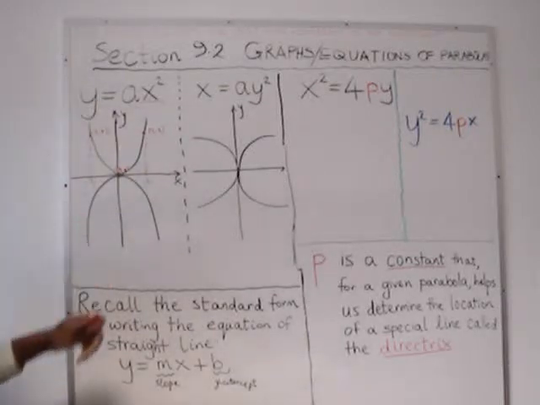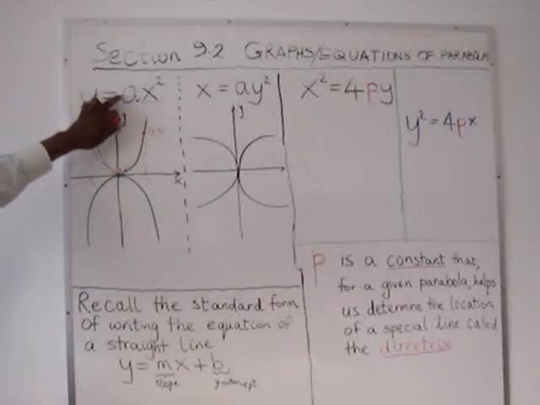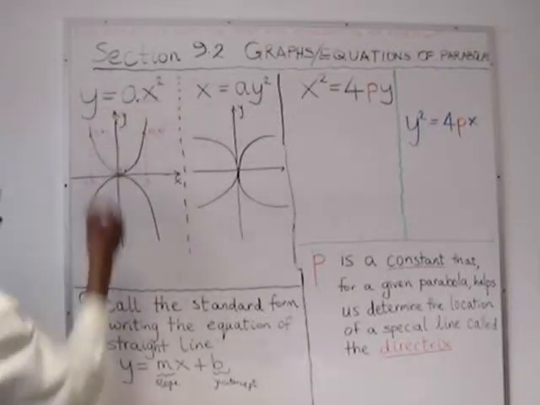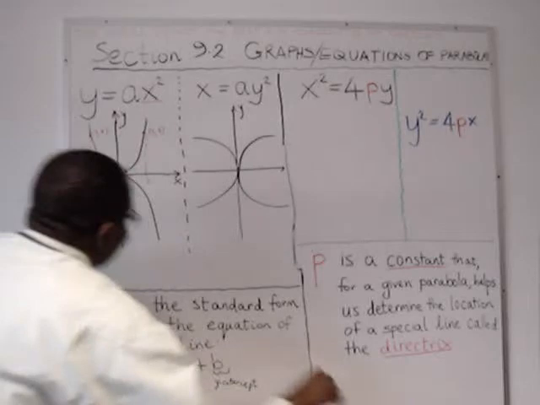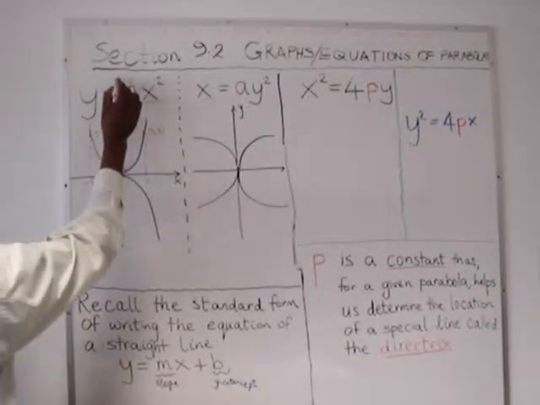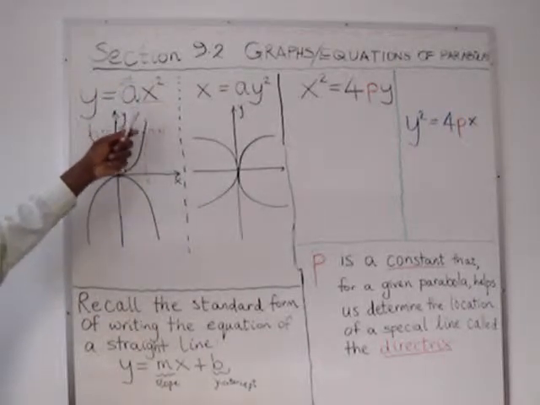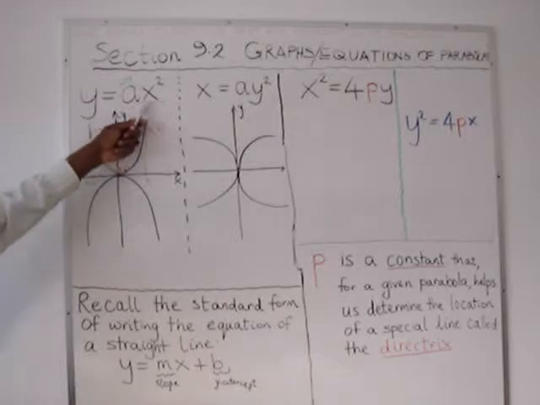Now, consider the case where this constant a is some negative number. It doesn't matter what number it is, but it's negative. So what will happen?